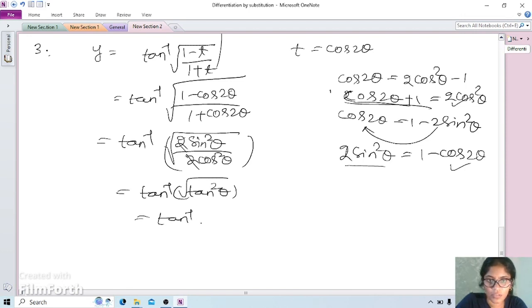Cancel. Now finding the derivative, dy by dt is equal to d by dt of 2t by 1 minus t square.